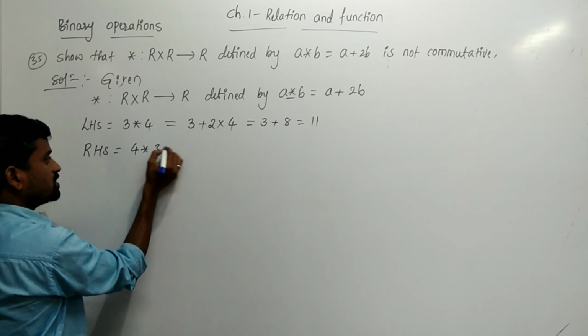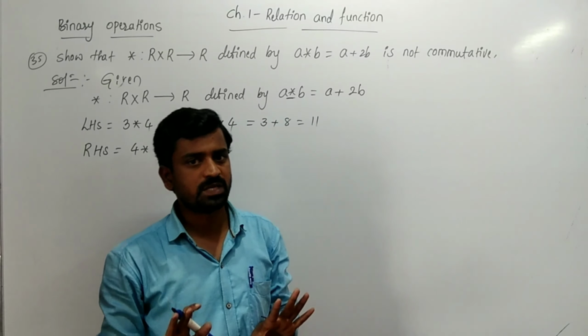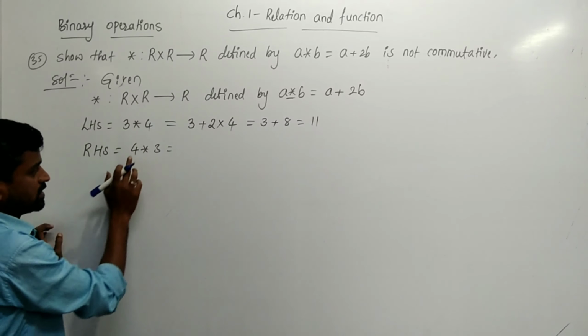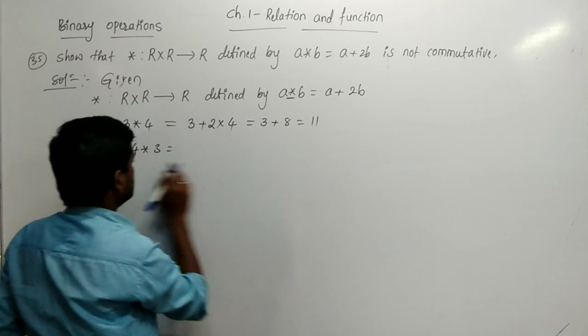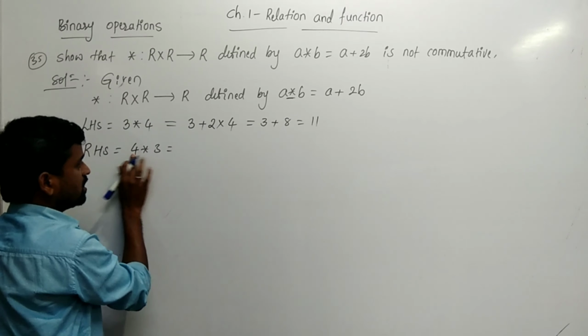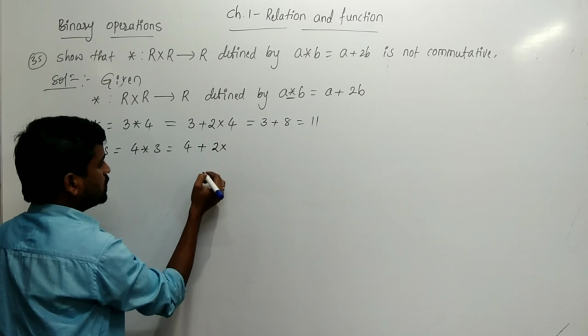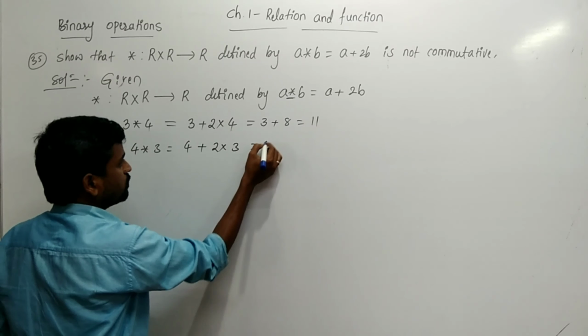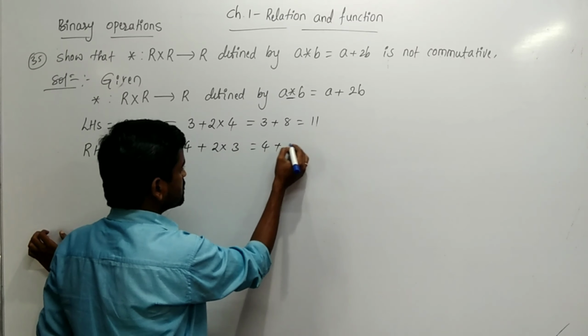4 star 3. Commutative law is A star B equal to B star A. A star B हो गया. Then B star A is A plus 2B. B star A वैल्यू क्या हो गया? 4 plus 2 into 3, 4 plus 6.